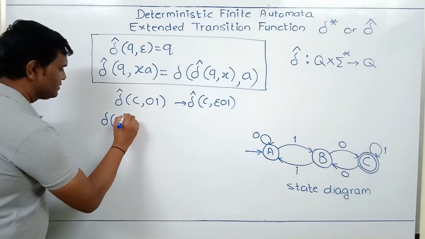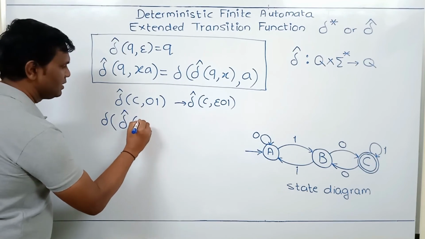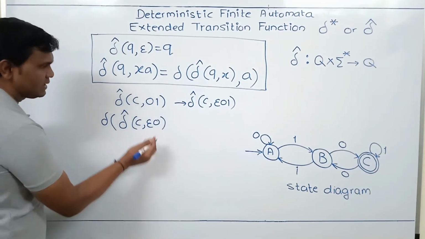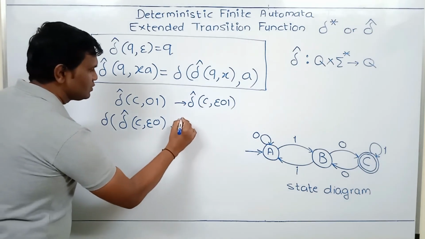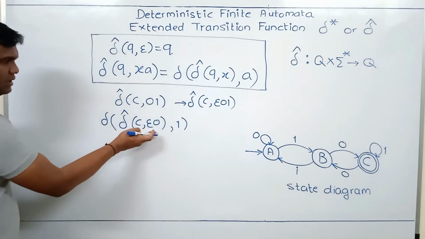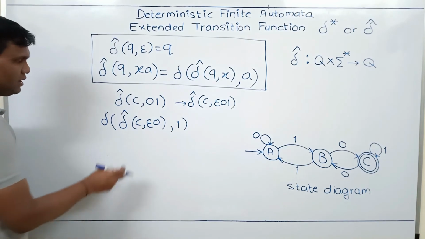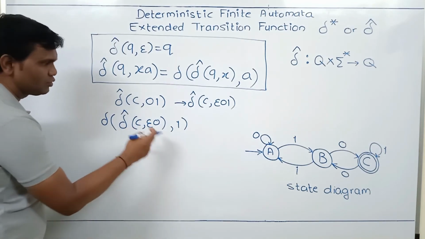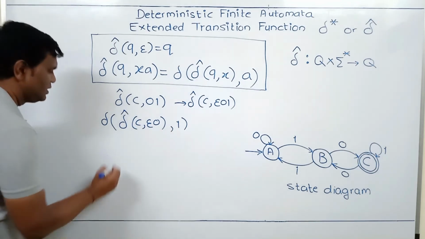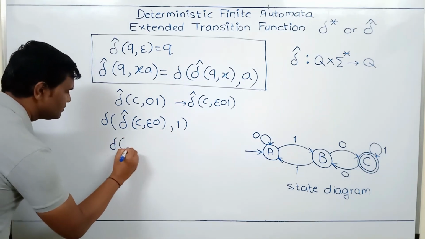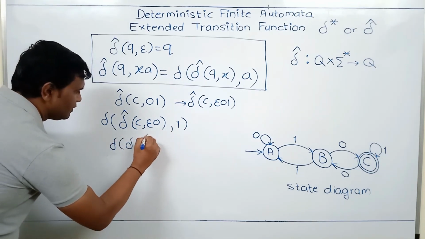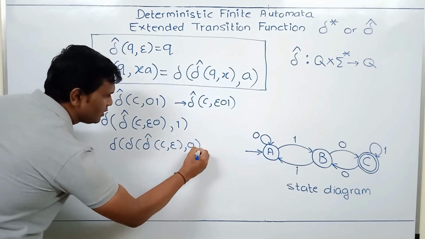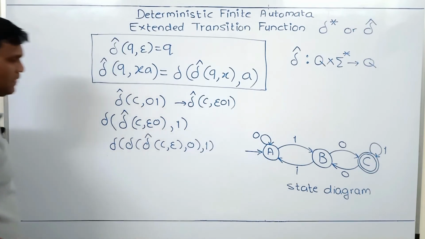So this becomes delta cap from C on epsilon 0. First you find out this answer, then you process 1. Again here we apply the recursive definition. First figure out delta cap C epsilon, then process 0 and then process 1.